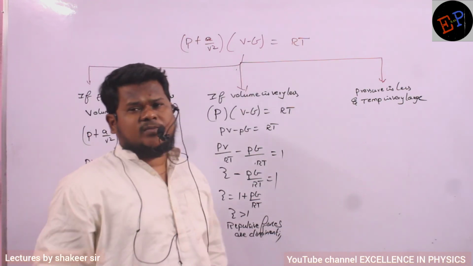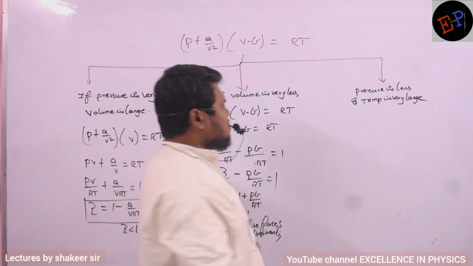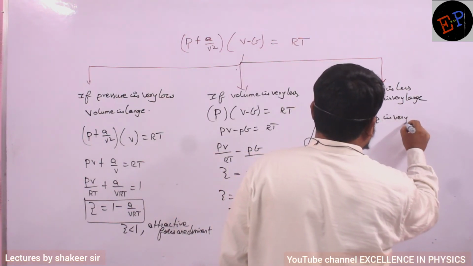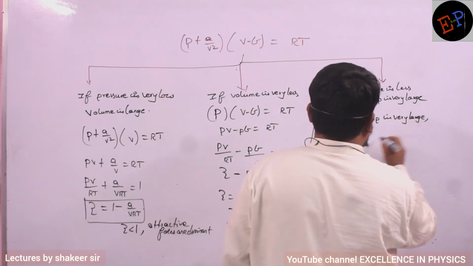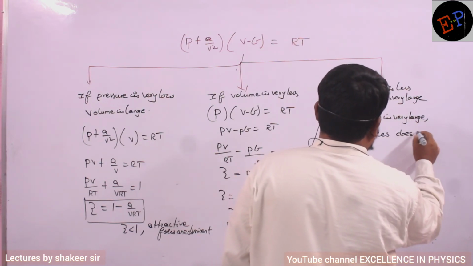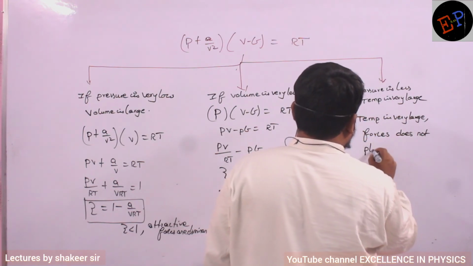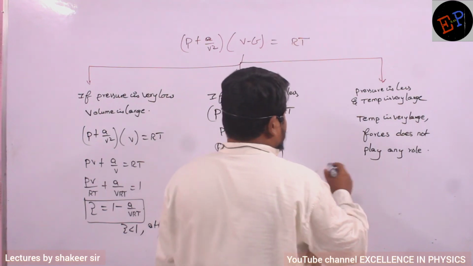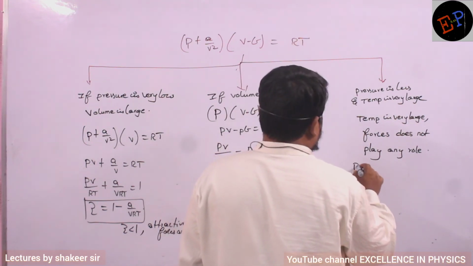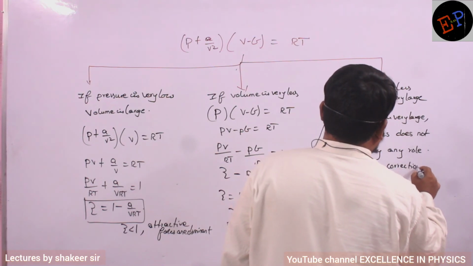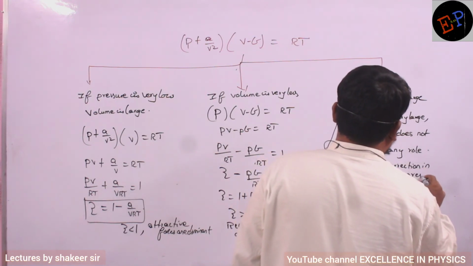Only attractive forces and repulsive forces were responsible. So if temperature is very large, the forces do not play any role here, and you can remove the correction in pressure.